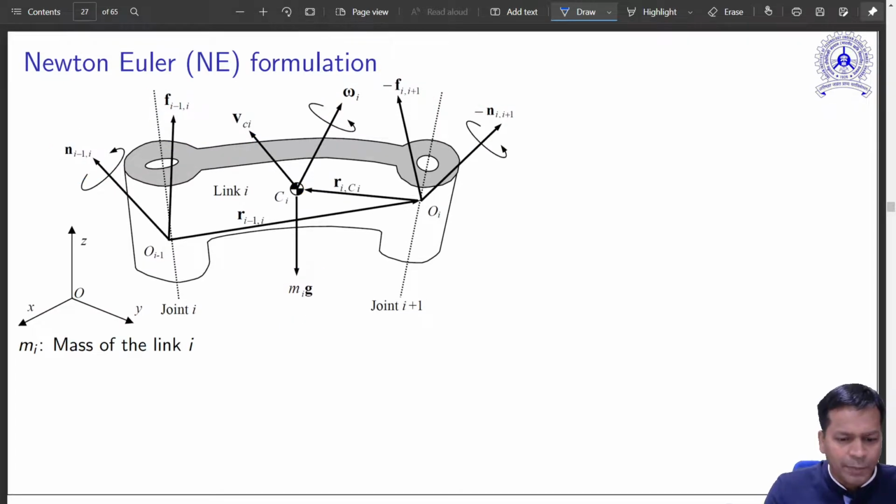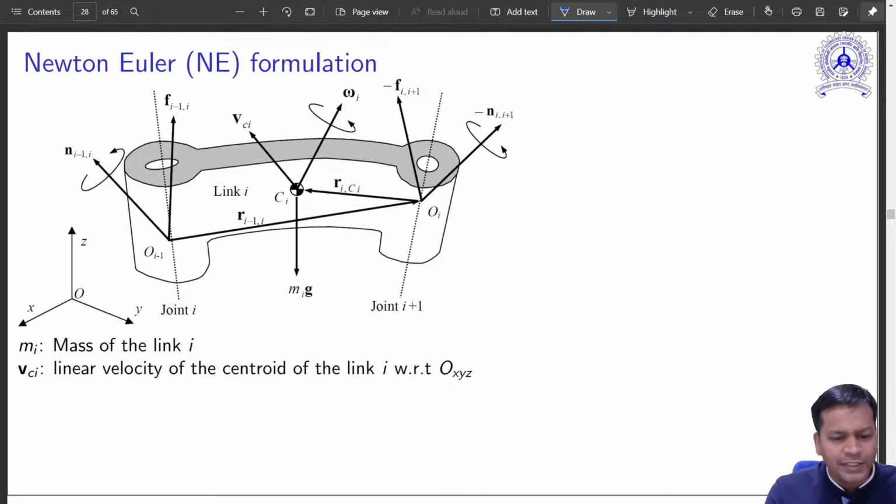So mi is the mass of the link i. VCI is the linear velocity of the centroid of link i with respect to OXYZ. What is OXYZ? That is the global frame about which all the link masses and all the forces are represented. So this is the universal frame about which the whole robot system is placed.